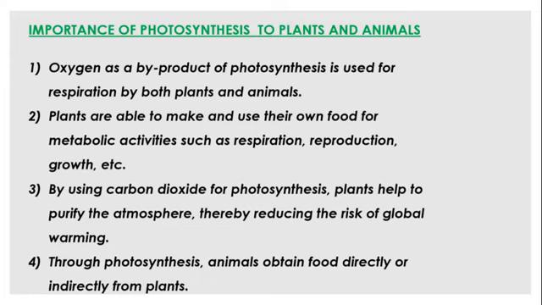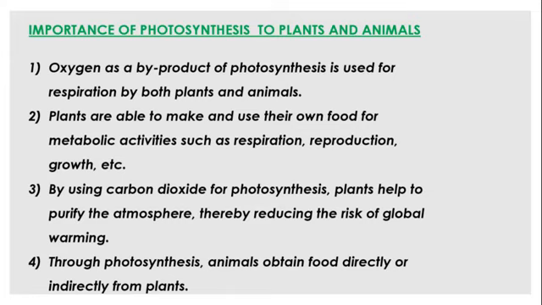Which animals obtain food from plants directly? Can you mention the group of animals that do so? Yes, they are called herbivores or omnivores. Now, what about those that obtain food indirectly? Good, they are carnivores or omnivores.